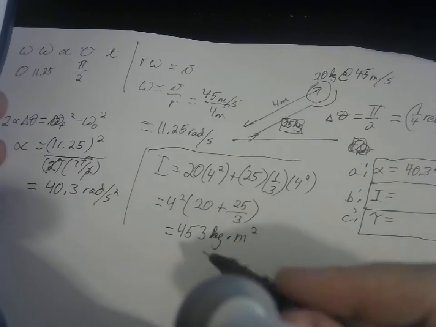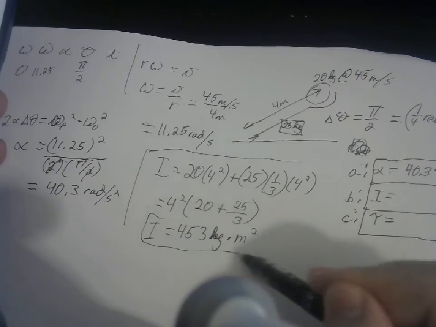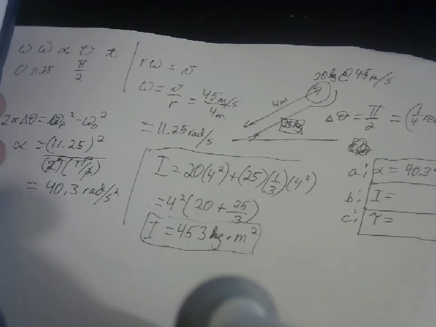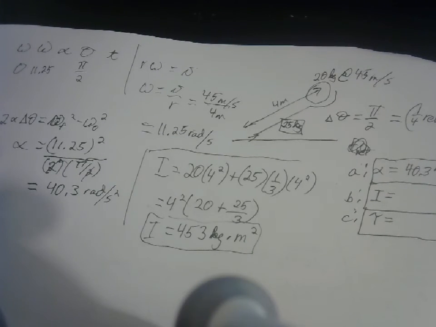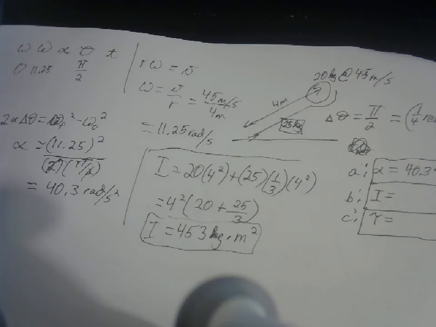So we end up with a moment of inertia of 453 kilogram meters squared, which is what they have in the text. Good.